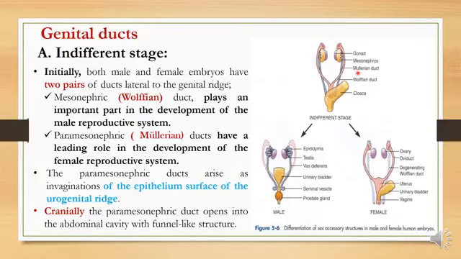The Mullerian duct has a leading role in the development of the female reproductive system. So the Mullerian duct is important in the development of the female reproductive system, while the Wolffian duct is important in the development of the male reproductive system. The mesonephric duct arises as an invagination of the epithelial surface of the urogenital ridge.